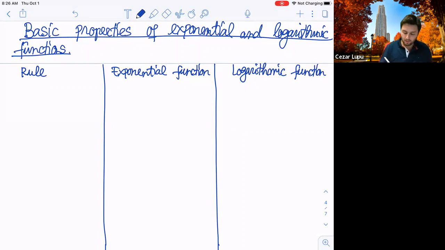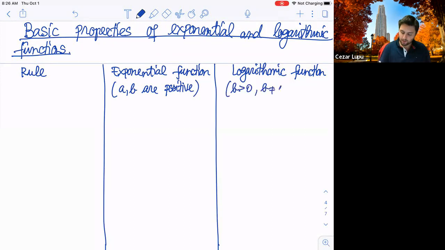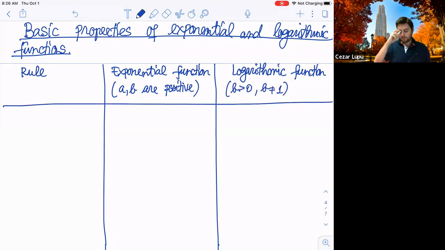And here, for the exponential function, A and B, the numbers that we will use, are positive numbers. And here, B will be positive and different than 1. Okay. All right, so let's start.